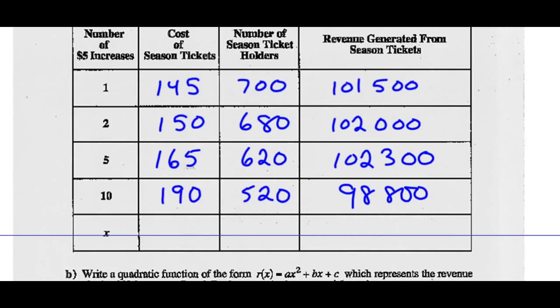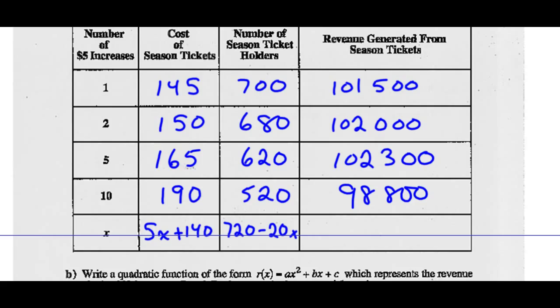If I increase it X times, well, each increase is $5, so 5 times X, and we're adding that to 140. That's the previous cost of season tickets. Number of season ticket holders: well, we're losing 20 season ticket holders every time we have an increase of X. So I started with 720 season ticket holders, and I'm losing 20X of them.